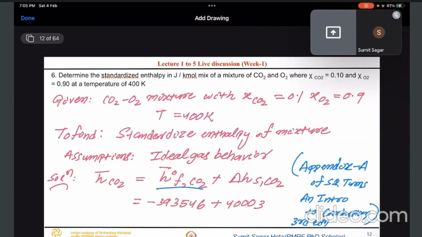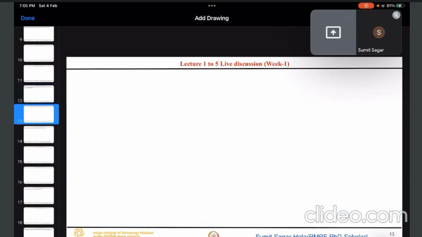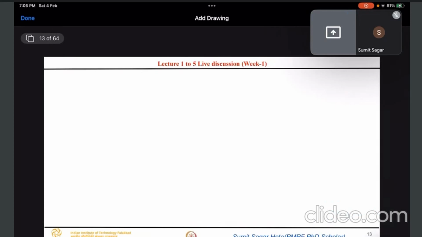Now by subtracting all these things, the value we get is minus 393.543 kilojoule per kilomole. Okay. Now we just calculate H of the mixture, because I already told you that we have to calculate the standardized enthalpy of the mixture.